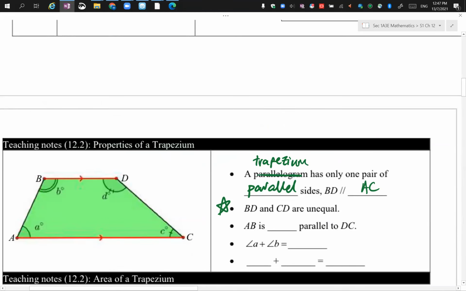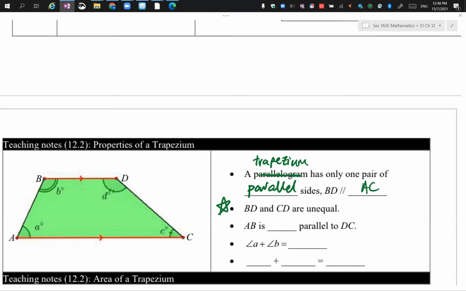Our definition says that the trapezium only has one pair of parallel sides and they are unequal. So I want you to imagine what happens if you extend BD to match the distance of AC. What would the resulting figure look like? We still get a trapezium. If it is the same length, you get a parallelogram, isn't it?